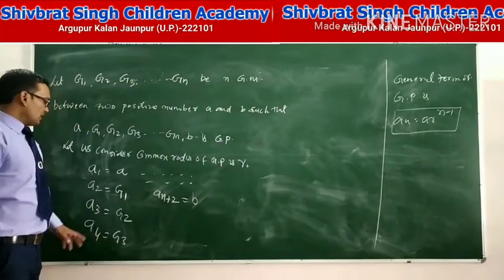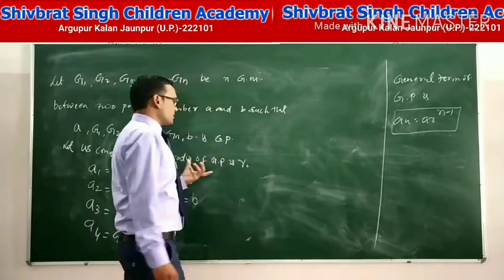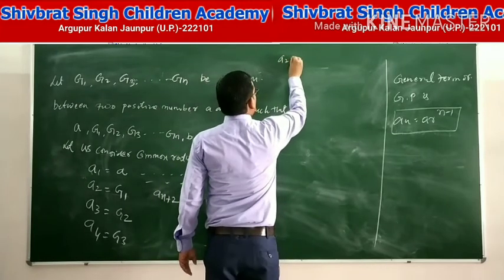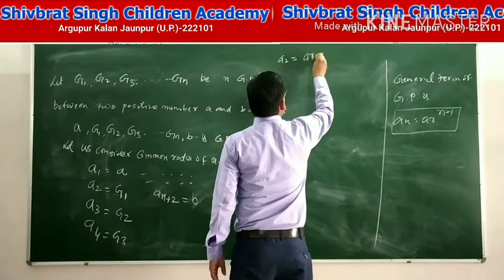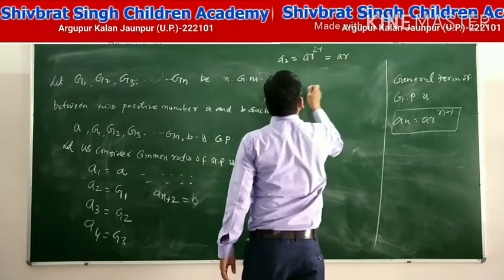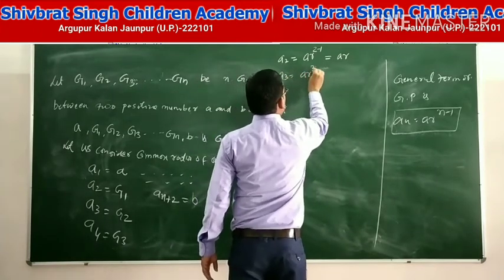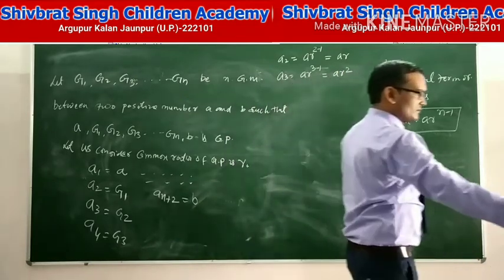Now again we find the second term of the GP. If the common ratio of the GP is r, a2 is equal to a r to the power 2 minus 1, a3 equals a r to the power 3 minus 1, which equals a r square.